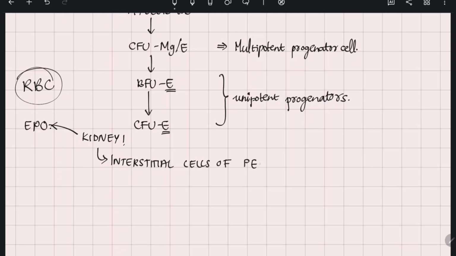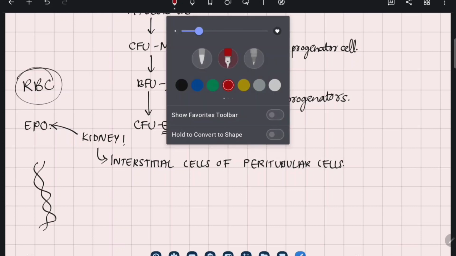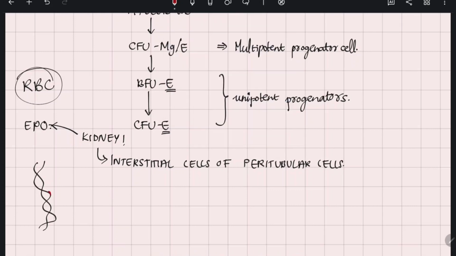It is from the interstitial cells of the peritubular cells. These cells contain a specific gene in their DNA, and this gene is the EPO gene.